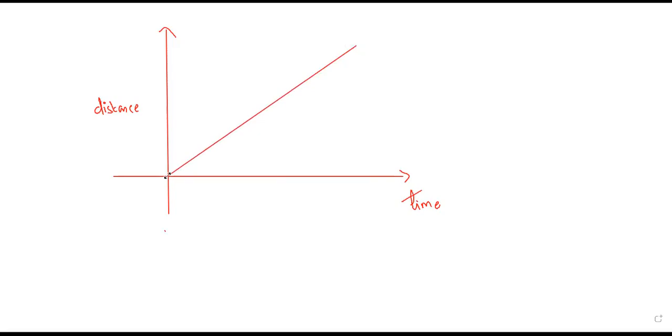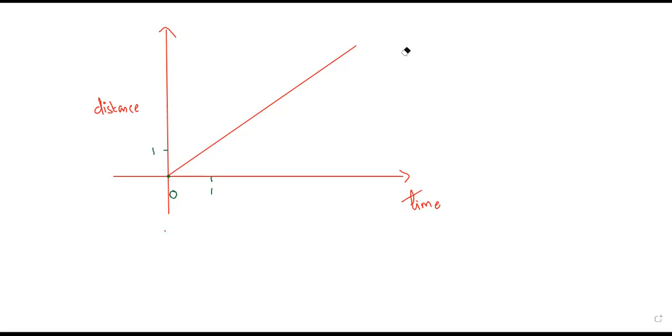Now, Abdullah, what exactly is this graph telling you? Okay, now obviously this graph has distance on the y-axis. So it is giving you information about the distance, that at time equals 0, the distance traveled was 0. Let's say this point is 1, this point is also 1. So what is the other piece of information?